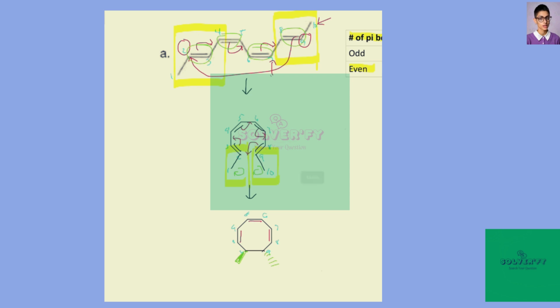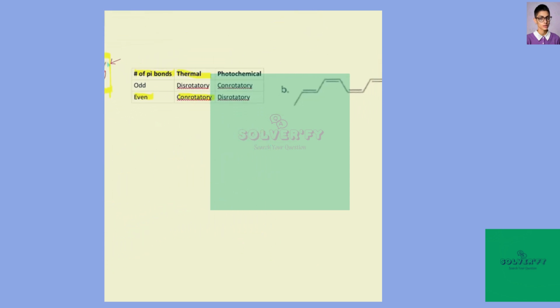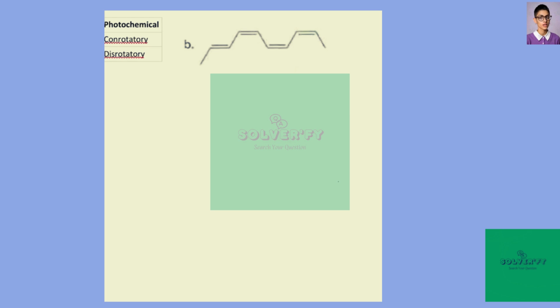And we're basically going to do the same thing with molecule B. Let's go ahead and number them first. 1, 2, 3, 4, 5, 6, 7, 8, 9, 10. Now if you notice, the only difference here really is the cis double bond here between 8 and 9. Other than that, our molecule is basically the same as molecule A, which makes it easier for us this time because we are just going to do the same process.